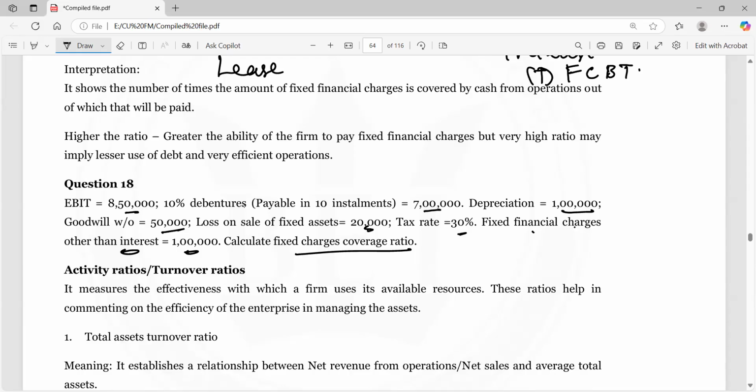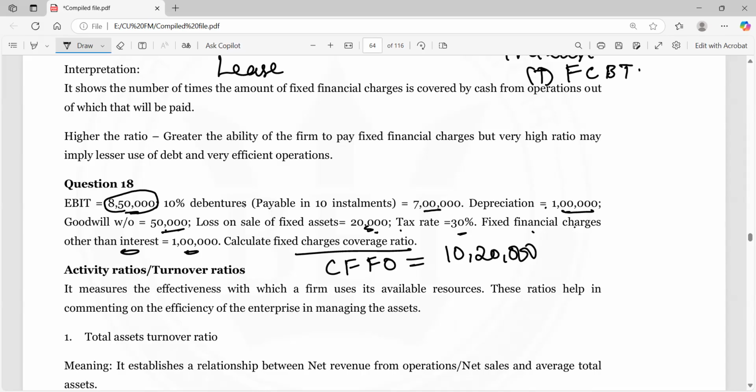Listen. So here, this profit of 8,50,000 is arrived at after adjusting for non-cash items like depreciation, goodwill, and loss. So what do we need to do? We have to add all these back. So what will be the cash flow from operations? 850 plus 1 lakh plus 50,000 plus 20,000. How much do we get? 10 lakh 20,000.